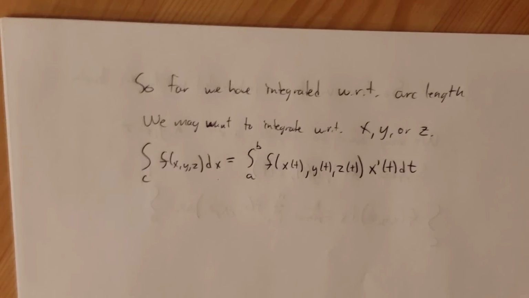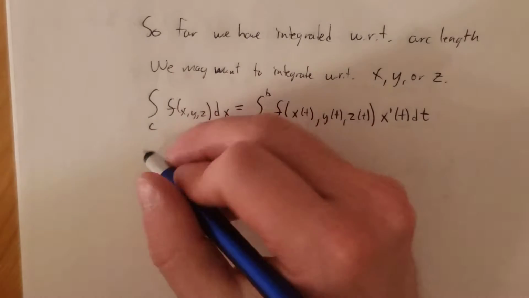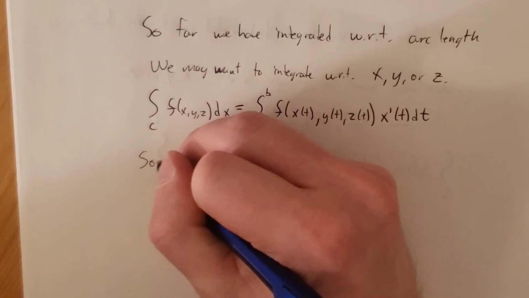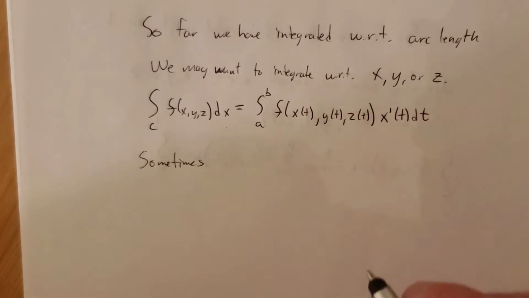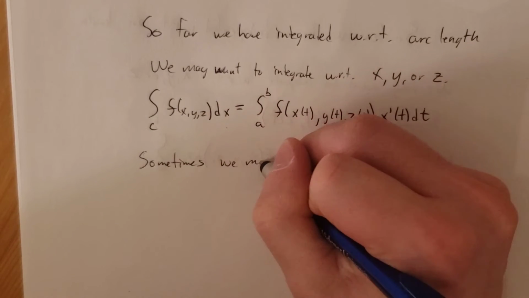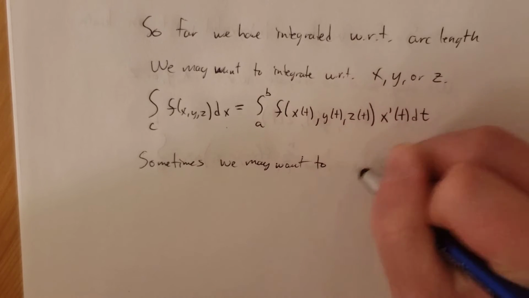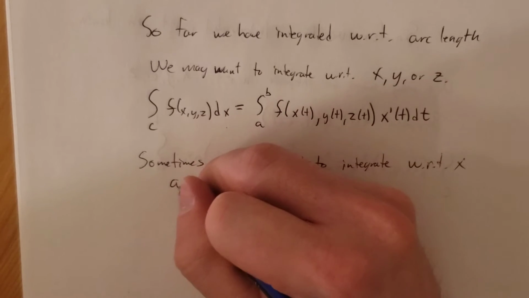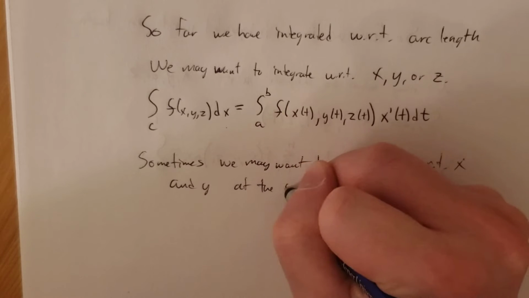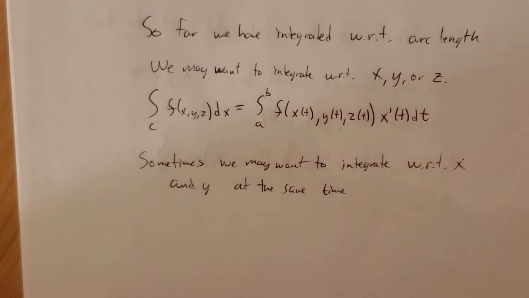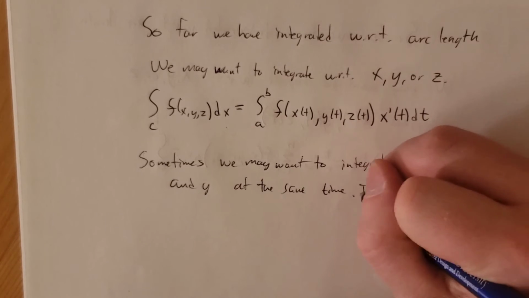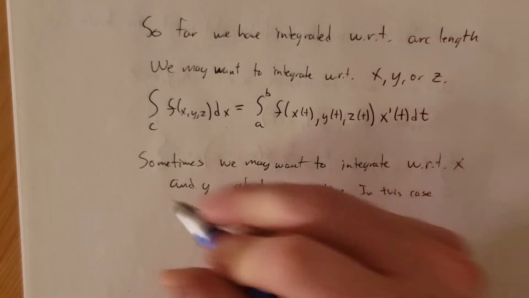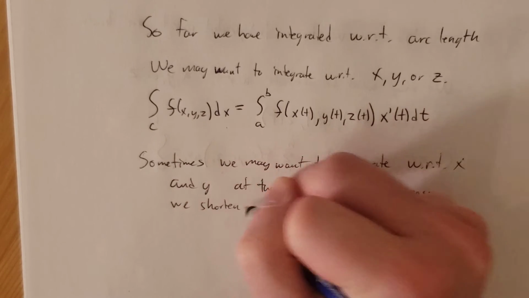Now, furthermore, sometimes we may want to integrate with respect to x and y at the same time, and possibly z as well, but for this example, we'll just do this over a plane curve, so we only have x and y.